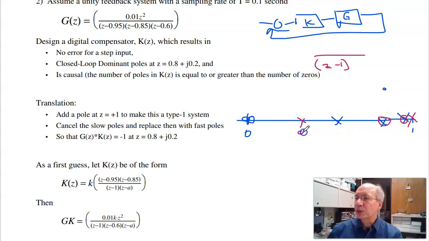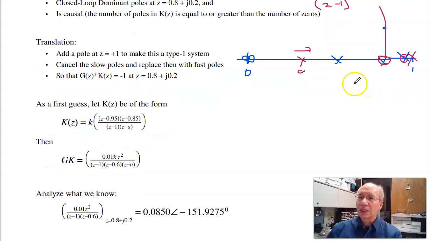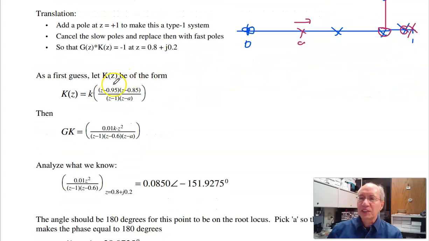Add this last pole somewhere, slide it around so that the root locus passes through this point, with angles that add up to 180 degrees. So that's the idea. To do that, I'll first pick the form of K of Z. I'll cancel 2 poles, add a pole at plus 1 to make it type 1, add a second pole somewhere. Pick this pole so that 0.8 plus j0.2 is on the root locus.